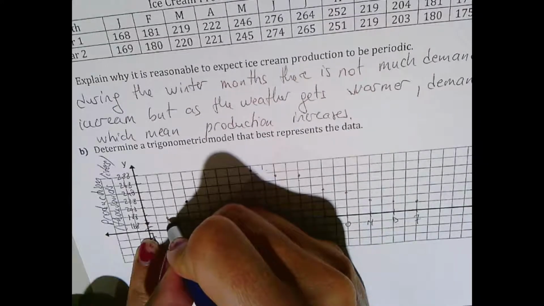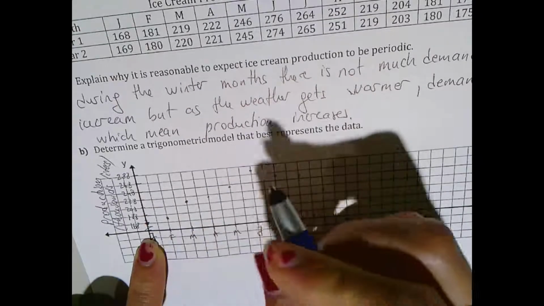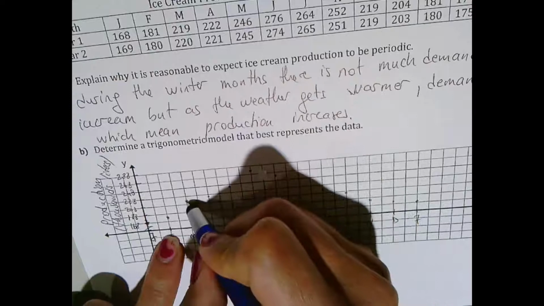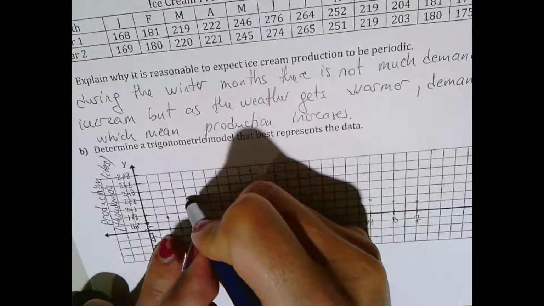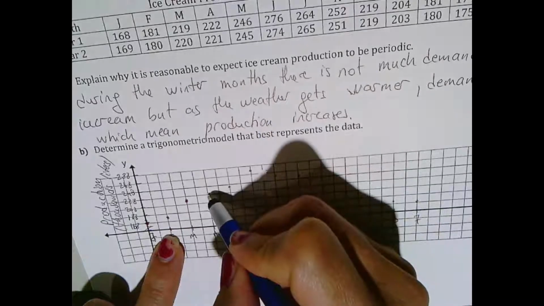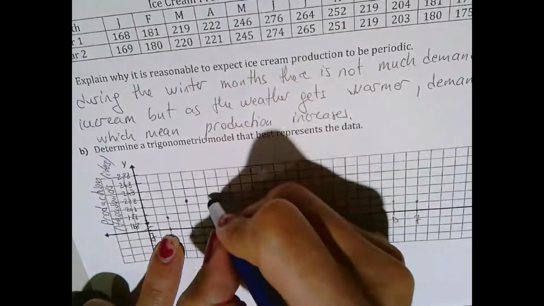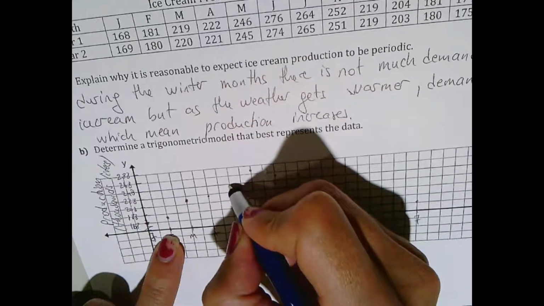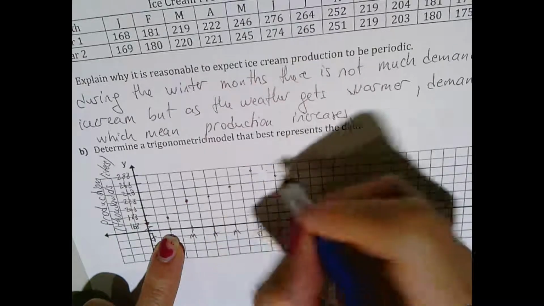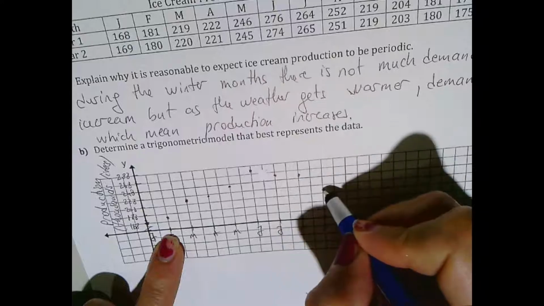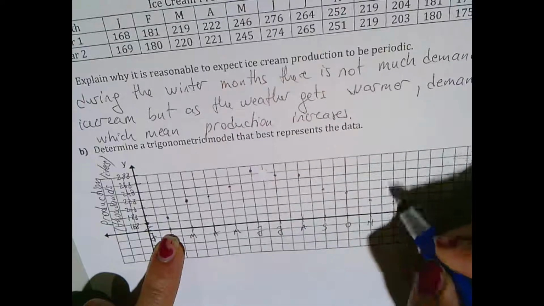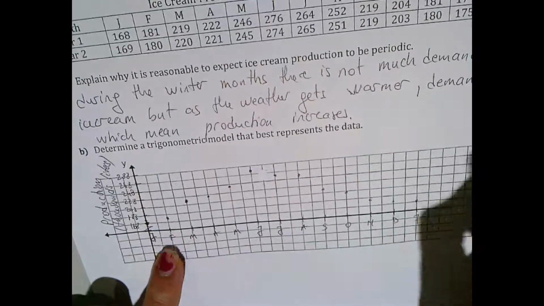So I'm just going to plot this one here. 180, 219, 220, sorry, 221. Essentially the points are almost the same. It's just 1,000 liters more.